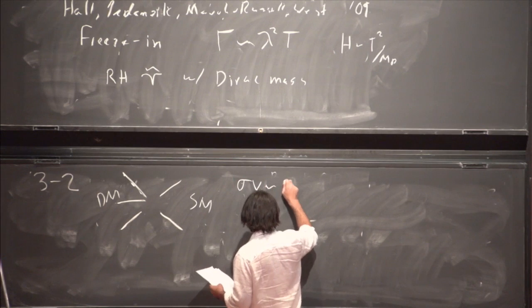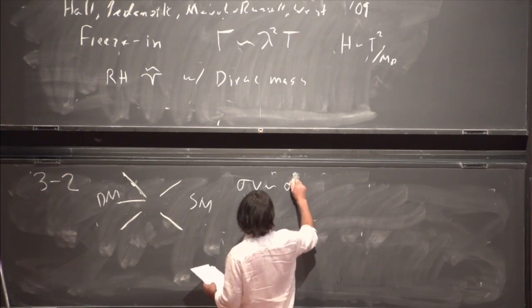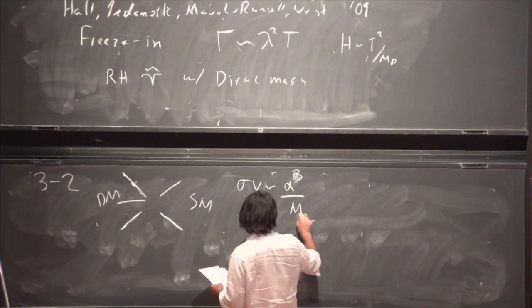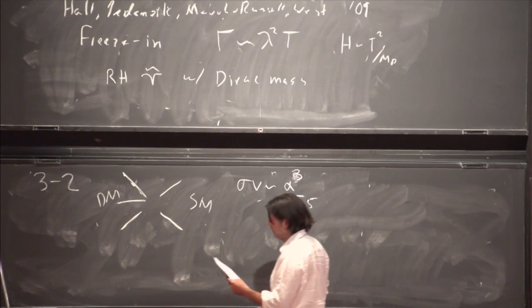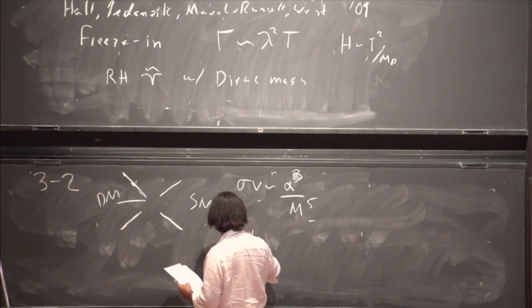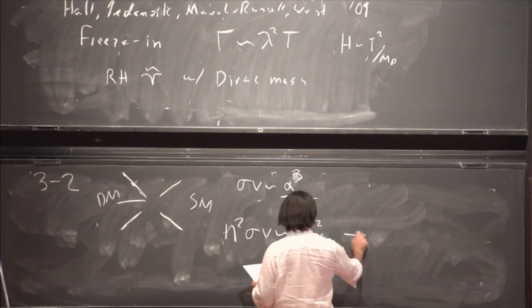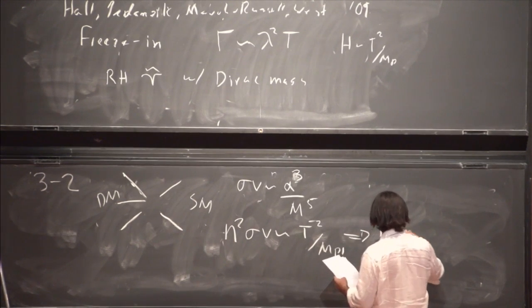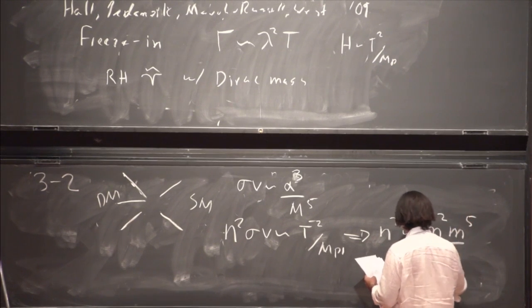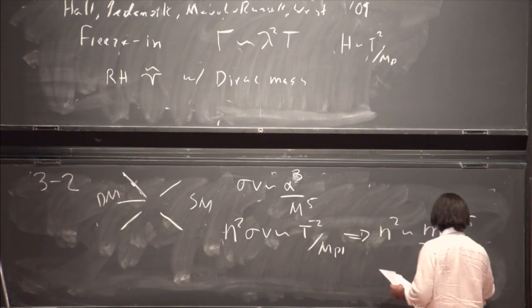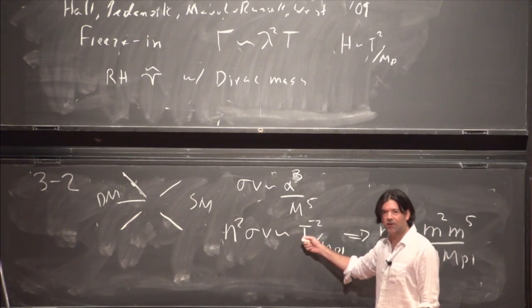So you imagine you have some thermally averaged cross-section, which goes like some power, say alpha cubed, over mass scale to the 5th. Then you do exactly what we did before. You say that n squared sigma v is equal to the Hubble constant. That then tells you what the number density is at that time, where once again you assume that freeze-out happens sometime near when this particle goes non-relativistic.